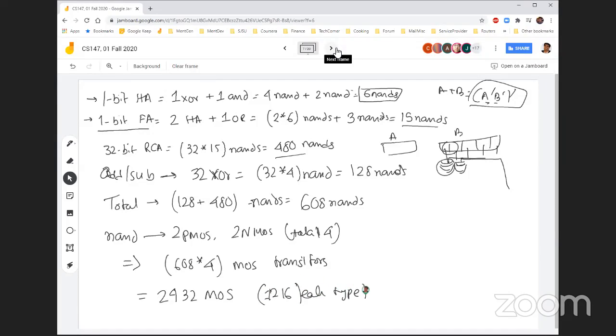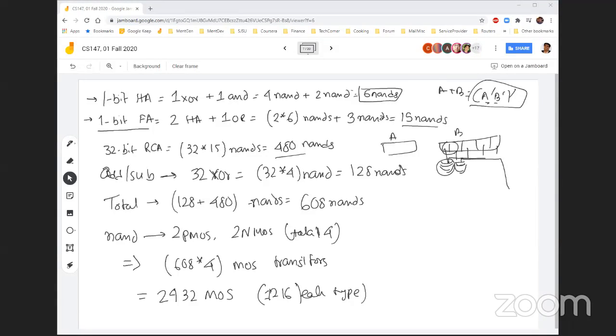Do we also include the overflow circuit, which is 1 XOR? Overflow circuit, yes, we can add it. As far as the spec says, it didn't say anything about overflow, but we can definitely add one more XOR, which will increase the NAND count by 4 more. But that's okay.